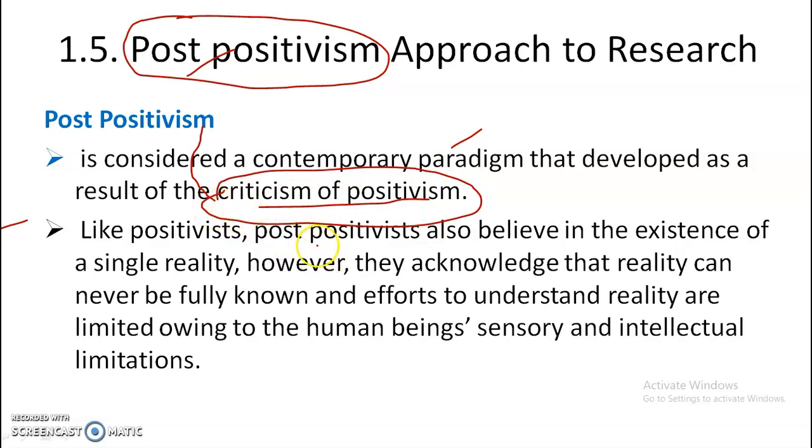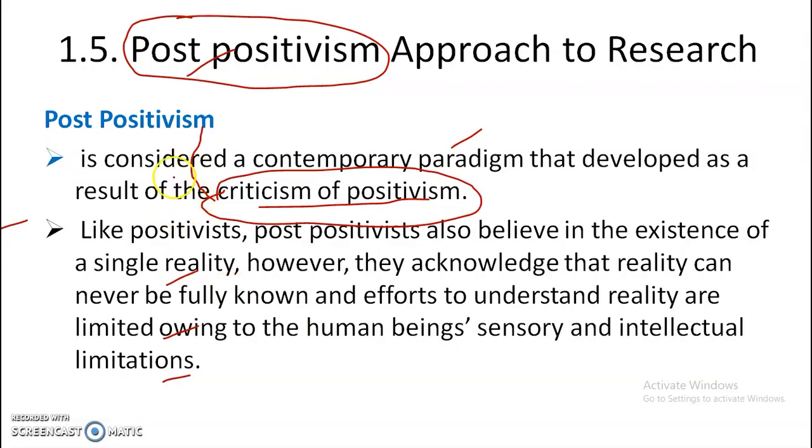Generally, post-positivists also believe in the existence of a single reality. However, they acknowledge that reality can never be fully known, and efforts to understand reality are very limited owing to human beings' sensory and intellectual limitations. Why?